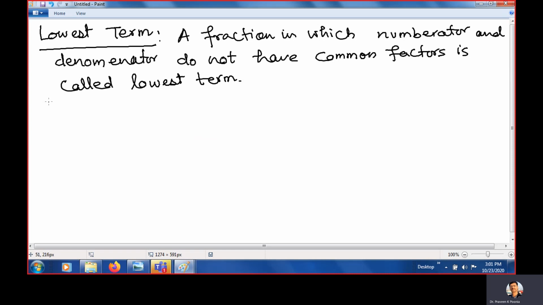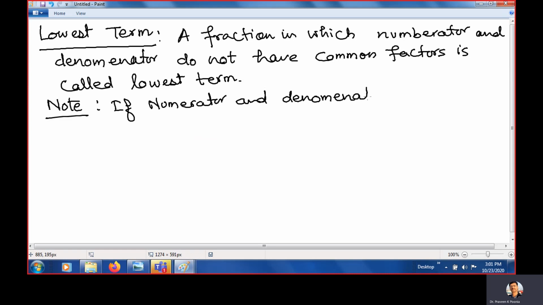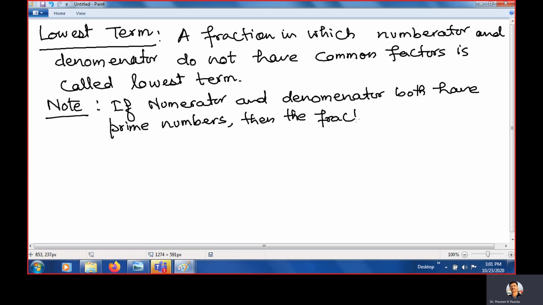Clear? I want to tell you one note: if the numerator and the denominator both are prime numbers, then the fraction is in lowest term.